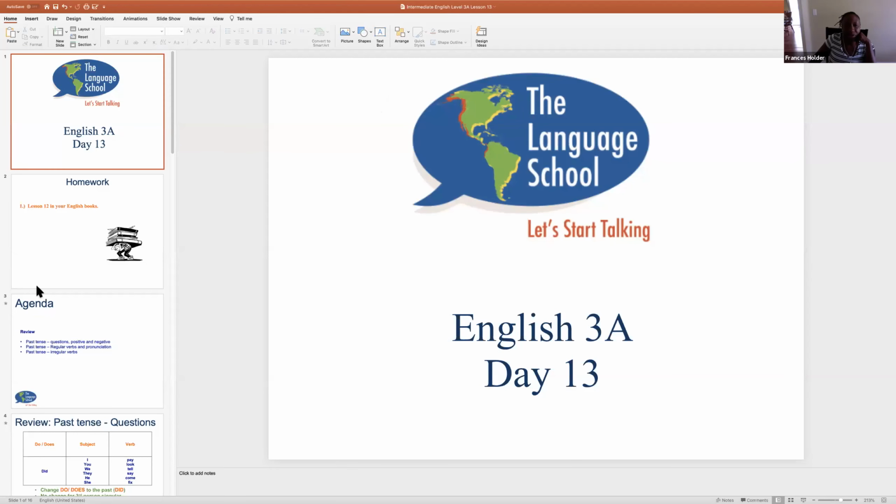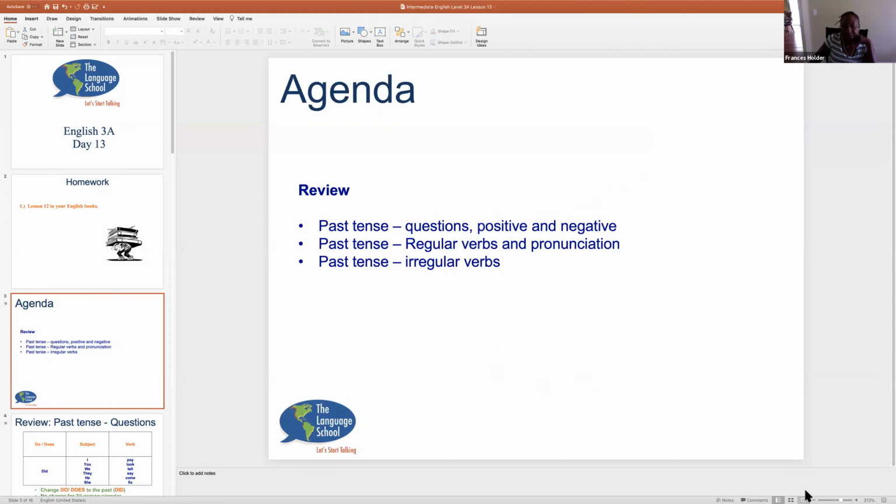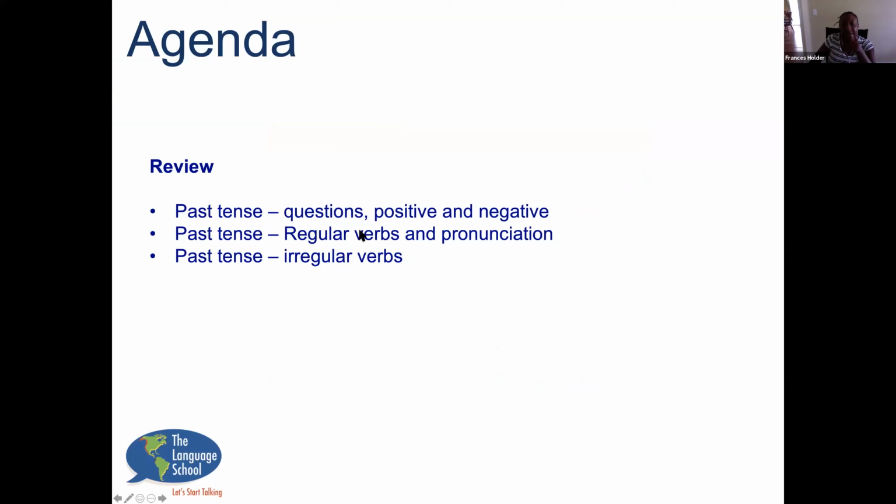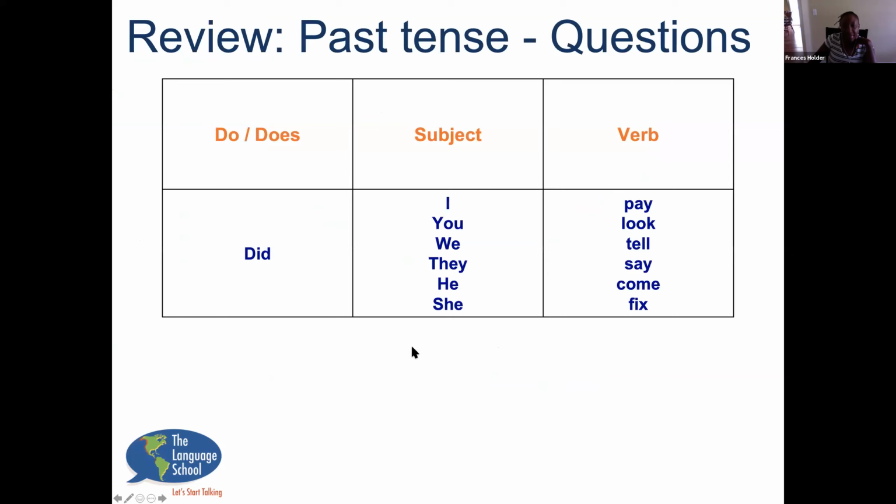So the most common verbs tend to be the irregular past tense ones. But once you start learning your list, pull your list off Google, start learning it, and after a while, the ones that you use on an everyday basis, you will get to know them in the past tense. Okay? All right.